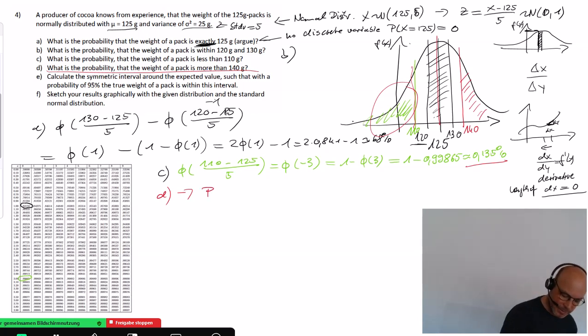So the probability of x larger than 140 is again 0.135%.